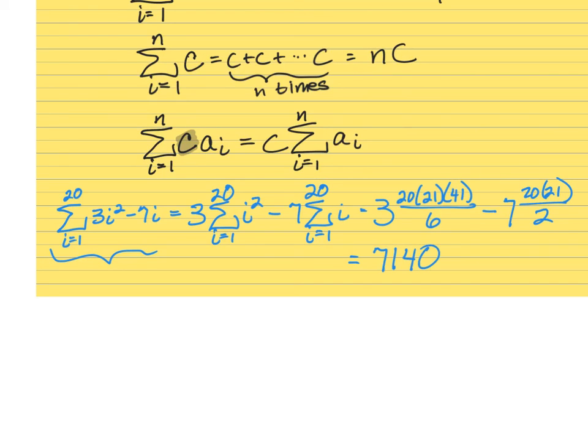And the result we get is 7140. All right. So we start with those basic formulas, and then we can combine them. We have some basic properties, but using that idea, you're able to find the values of much more complicated summations.